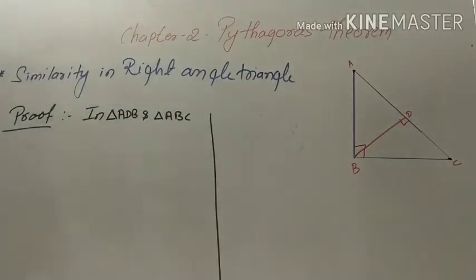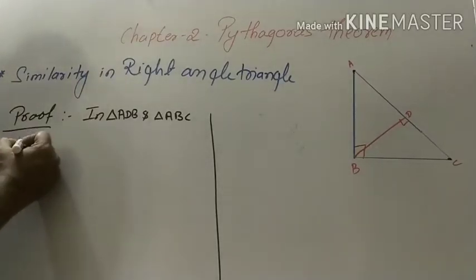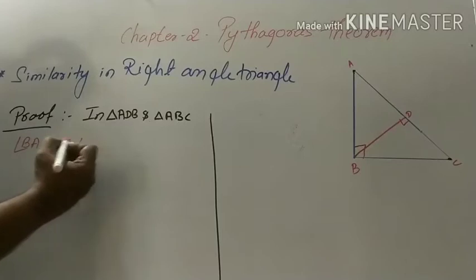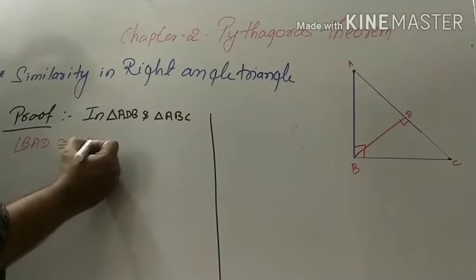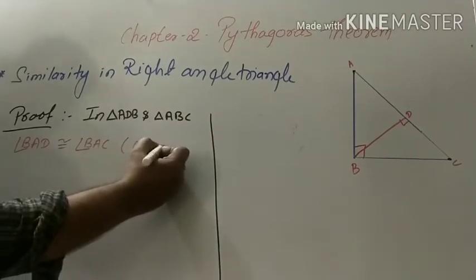In triangle ADB and triangle ABC, angle BAD congruent angle BAC. Reason? Common angle.